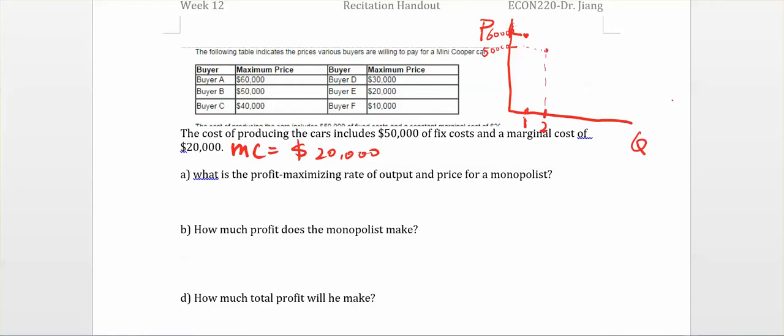When the market price is $40,000, we can find A, B, C, all of them can afford it. So the market demand is 3.